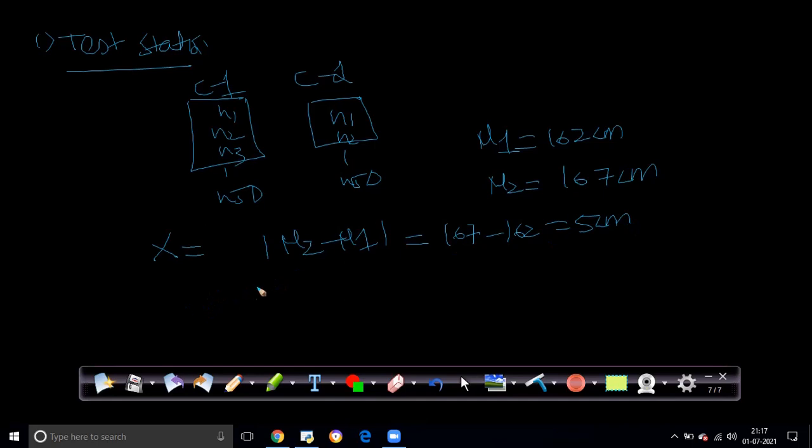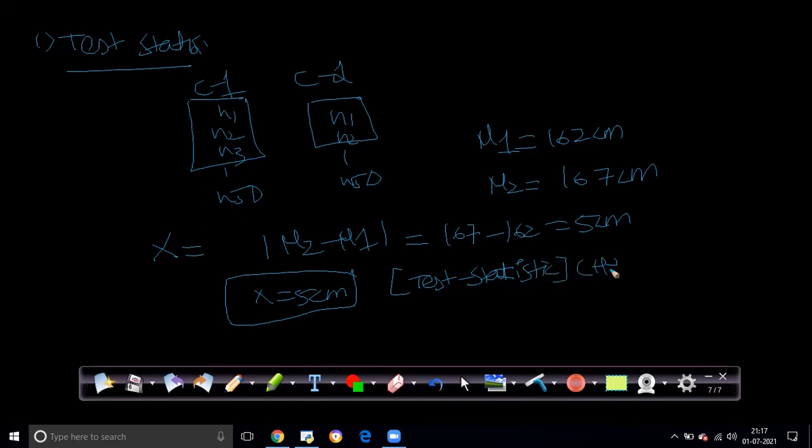So x is 5 centimeters. This is the test statistic of hypothesis testing. Guys, it is very easy, nothing fancy here. I have just computed the mean difference between the heights of classroom 1 and classroom 2, and I got my result as 5 centimeters. This is the test statistic.